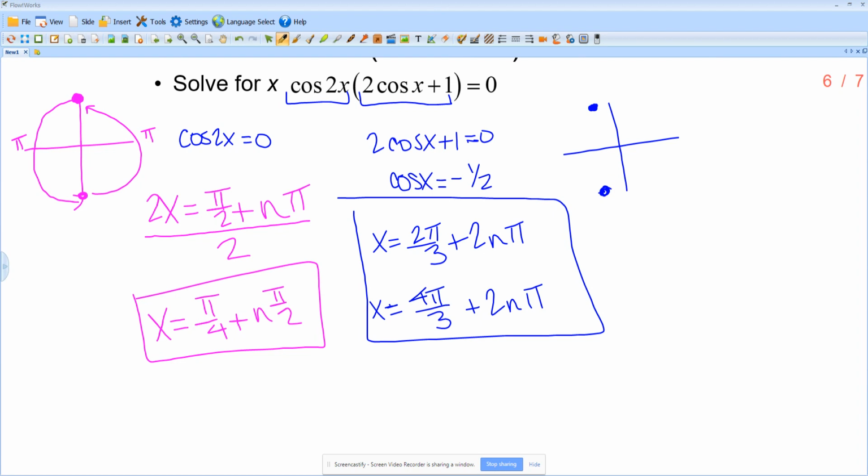Again, starting off, what you want to be able to do is get the 2 pi thirds, the 4 pi thirds. Then you want to work towards, okay, what is the period of this, the plus 2n pi.